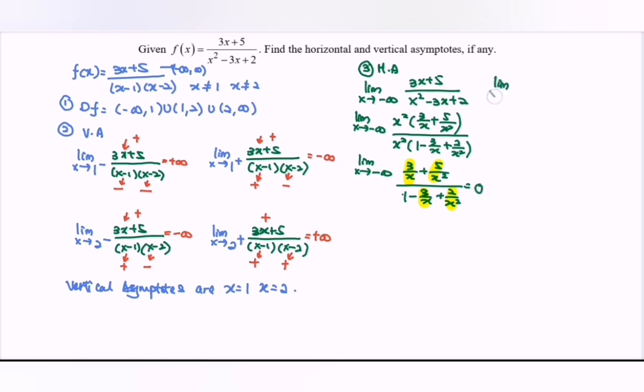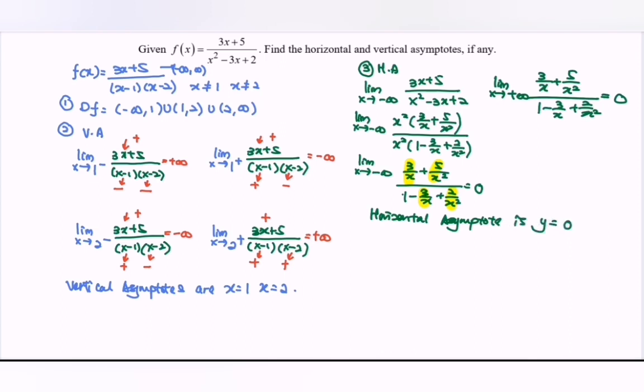Limit when x approaches positive infinity: since we have the same situation, my advice is to just fill up with this part. We can see we have 0 as well. So the horizontal asymptote is y equals 0. Here we have one horizontal asymptote, y equals 0, and vertical asymptotes x equals 1 and x equals 2.